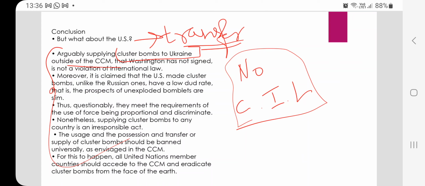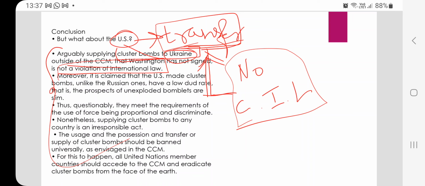If they were doing it, that would be illegal. But now that is not the case. The US is not breaking any international law because both the US and Ukraine are not party to the convention, and also there is no customary international law that prohibits the transfer of cluster bombs.